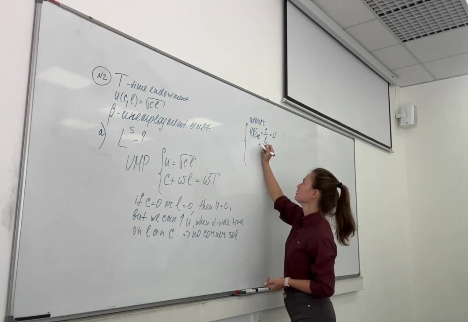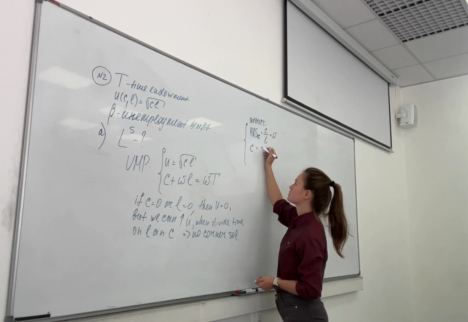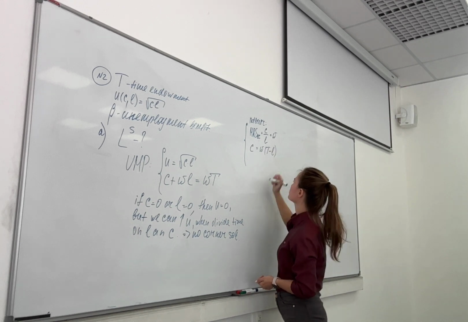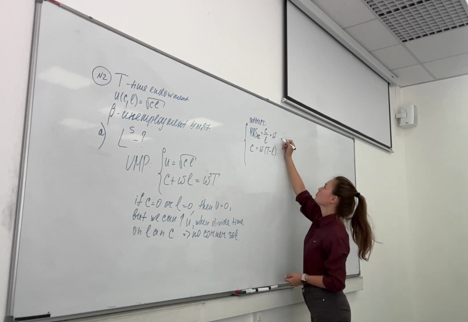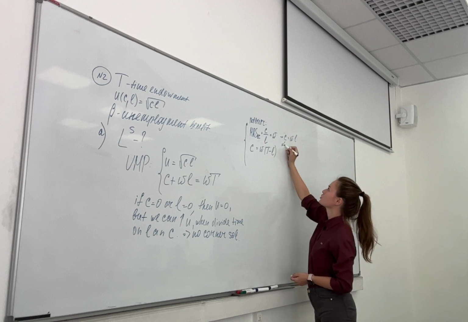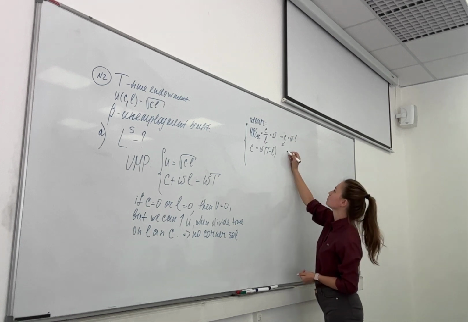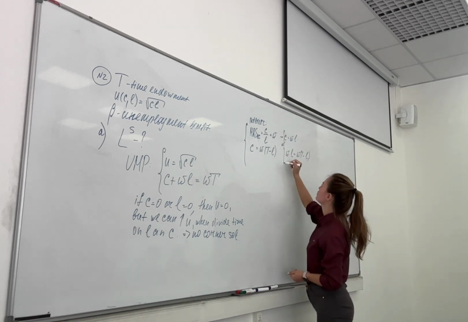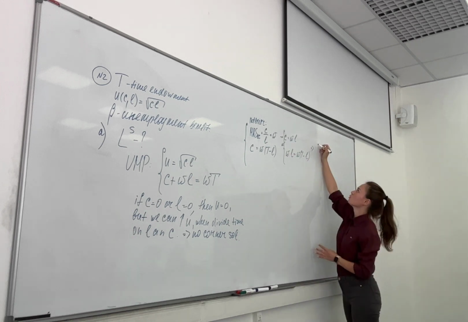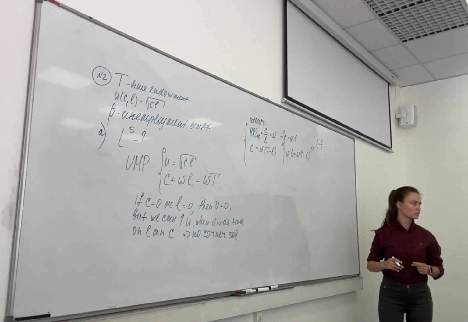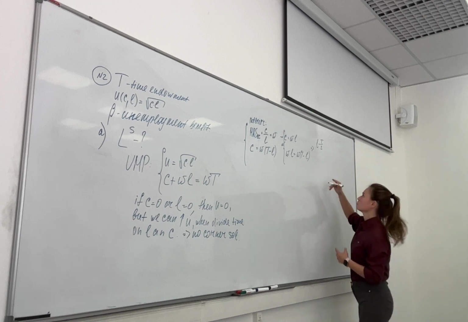Subject to our budget constraint, I can rewrite it: C equals wage multiplied by time minus leisure. And we should solve this problem. From here, C equals wage times leisure, and we put it into the budget constraint. Here will be wL equals w(T minus L). And from here we get that we spend half of the time on leisure, and that means we spend half of the time on working.